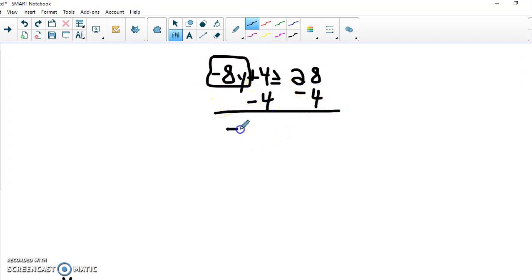I'm going to bring down my negative 8y. 28 minus 4 is 24. Now, I did not multiply or divide by a negative number, so my sign stays the same. Now, I'm going to separate the negative 8 and the y by dividing by negative 8 on both sides.